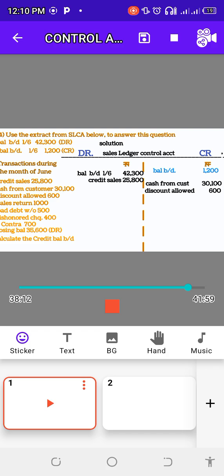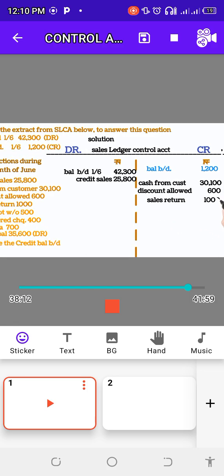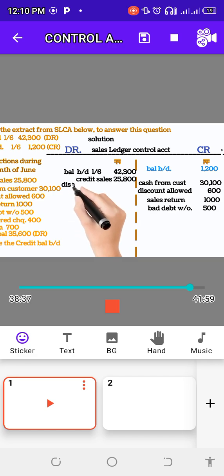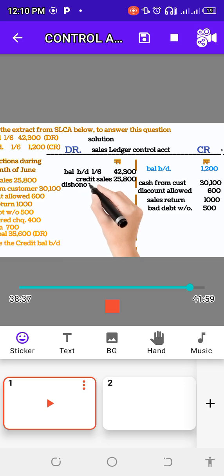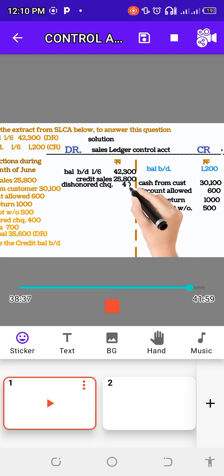Now you have sales return inward, which is 1,000. Bad debt written off is 500. Then dishonored check.